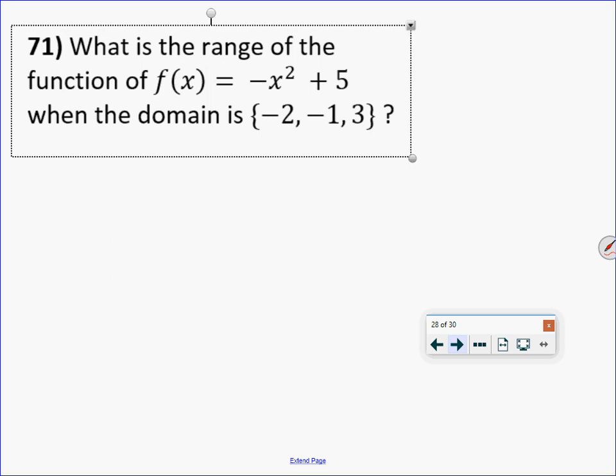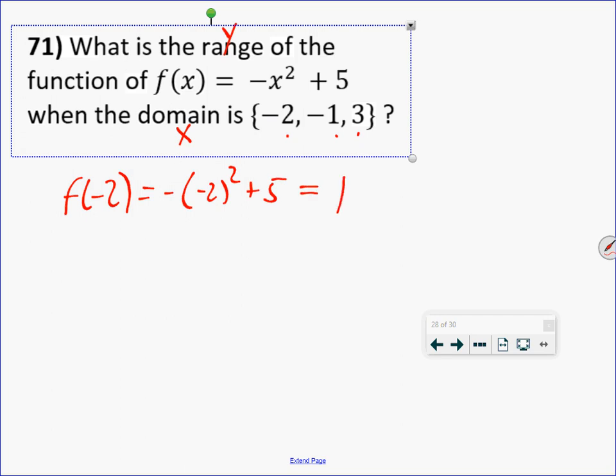All right, so what is the range of the function f of x equals negative x squared plus 5 when the domain is given? Well, remember, domains are the x's and range are the y values. So all they're doing is saying plug this, this, and this in for x and tell me what y is. So f of negative 2 is negative 2 squared plus 5, and that'll be 1.